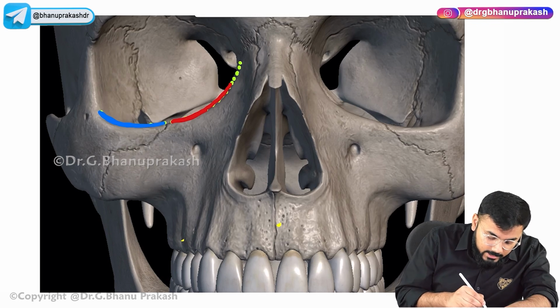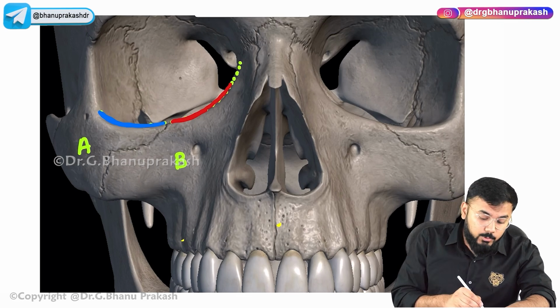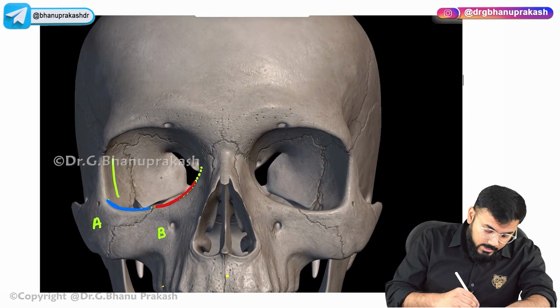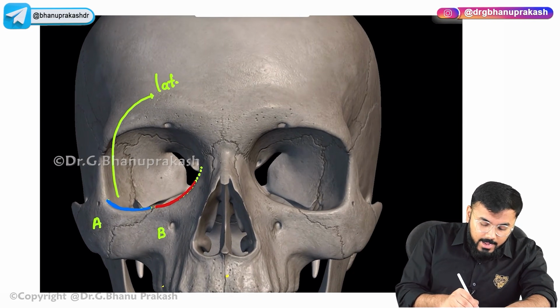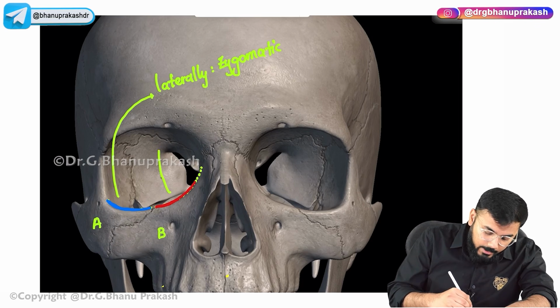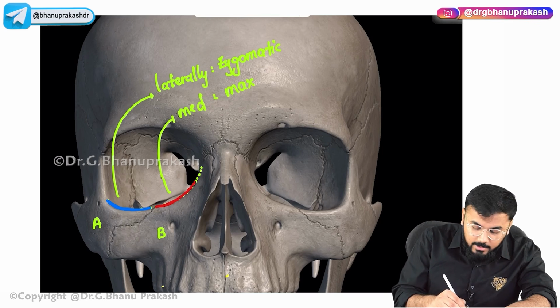If you can see here, this particular bone is A, this particular bone is B. A is present laterally, B is present medially. So laterally, what bone do you have? You have got the zygomatic bone. And medially what bone do you have? You have got the maxilla.